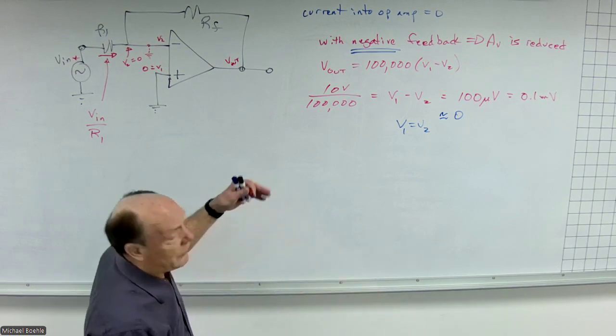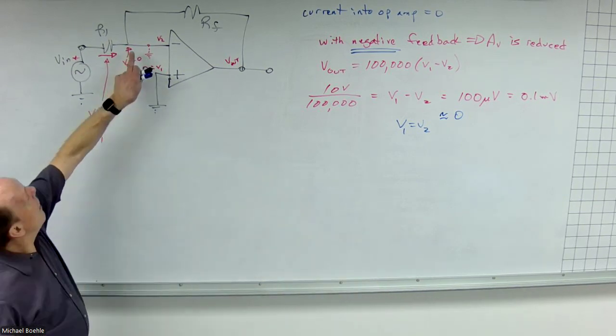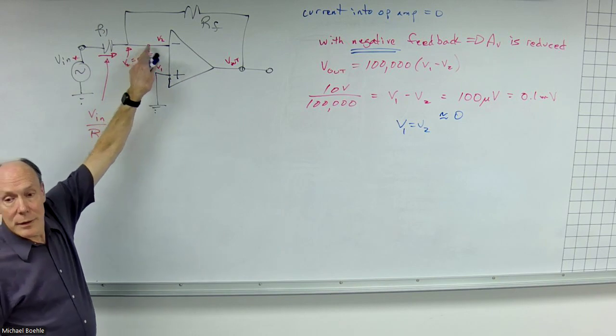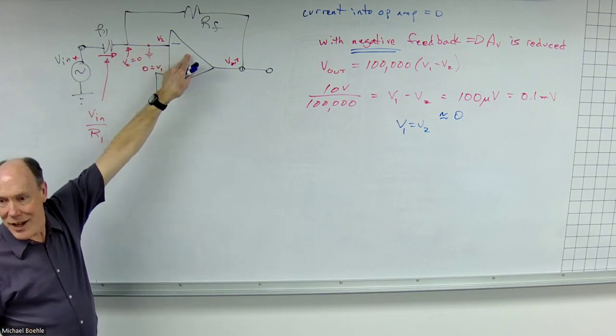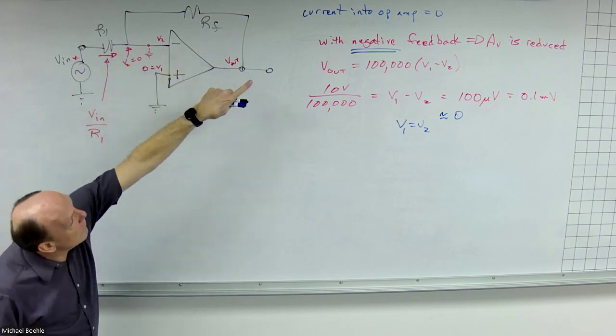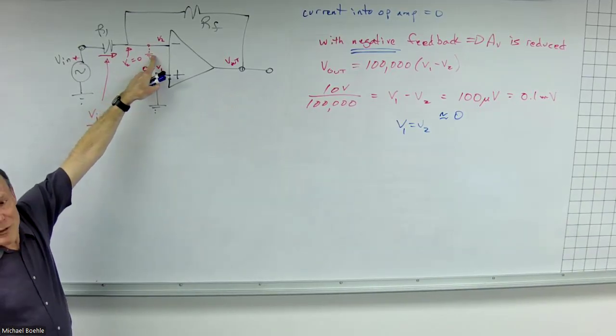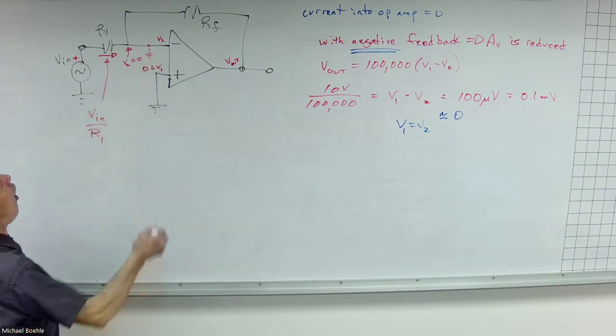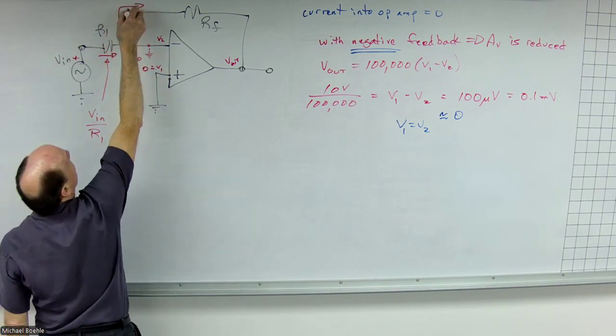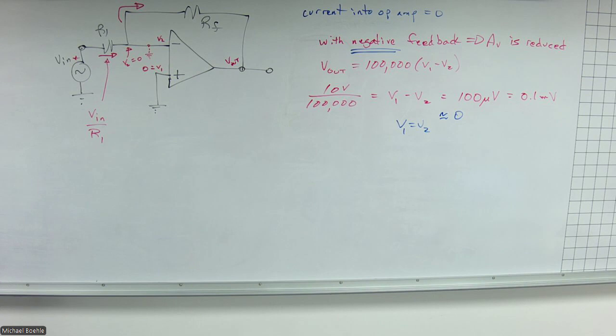Second assumption, or technically our first assumption: all that current does not flow into the op amp. None of it does, right? Input current 0. That's a virtual ground, no path, which means all of that current flows through RF.